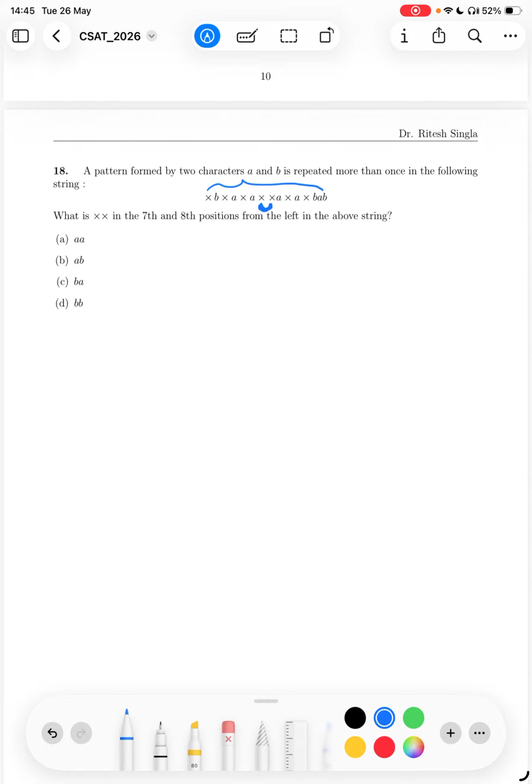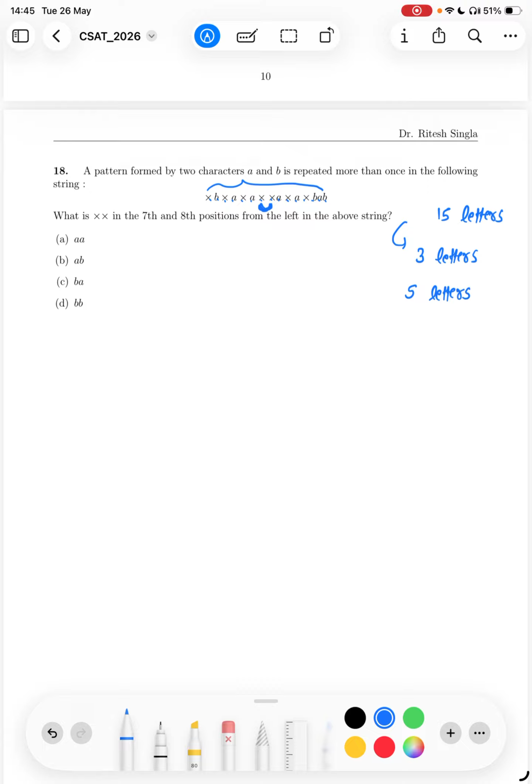Now first of all, let us count the number of letters. So it is 1, 2, 3, 4, 5, 6, 7, 8, 9, 10, 11, 12, 13, 14, 15. So we have 15 letters. Whatever pattern is there, since it is getting repeated more than once, the pattern will be either of 3 letters or 5 letters.